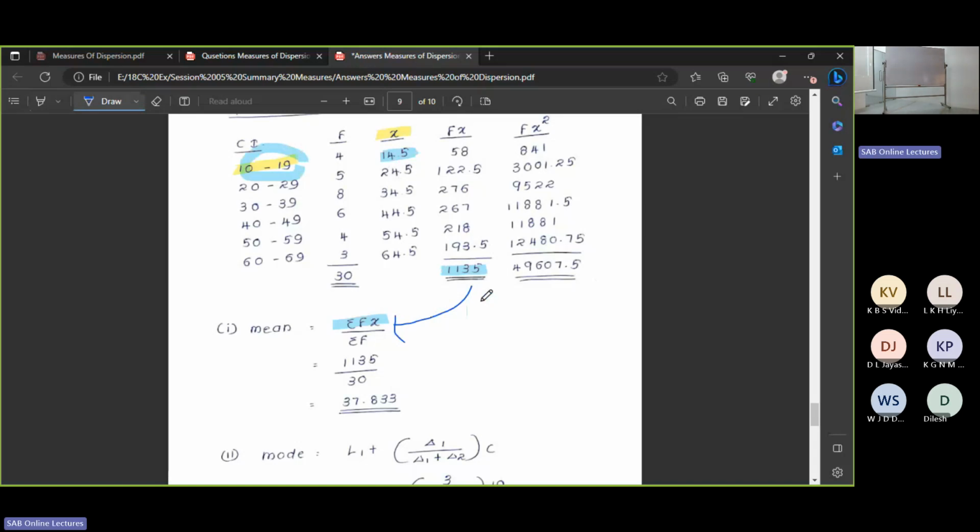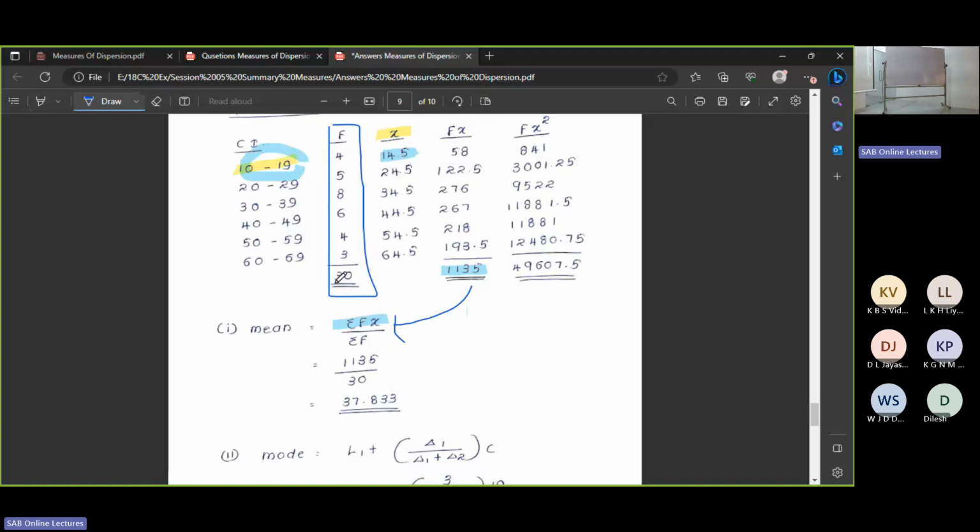Then we can take the sigma fx value, then divide by how many observations there are. This is the group frequency distribution, and the frequency column represents the frequencies. The total frequency is equal to 30 now.